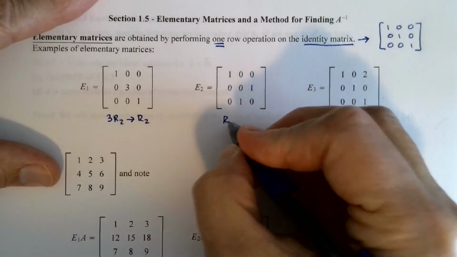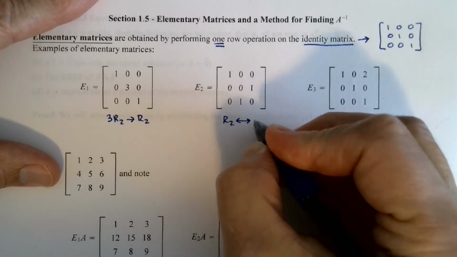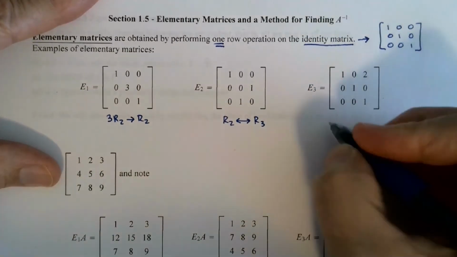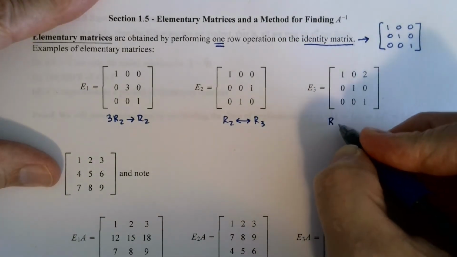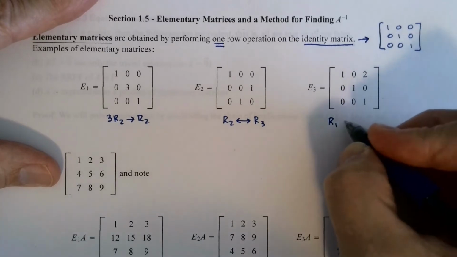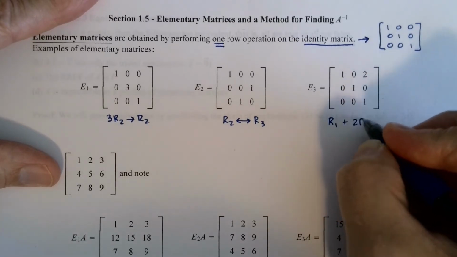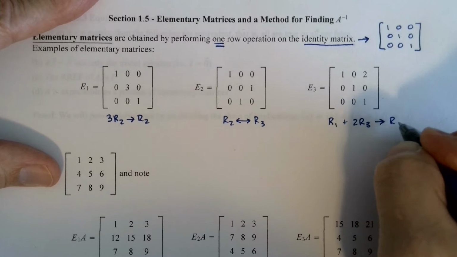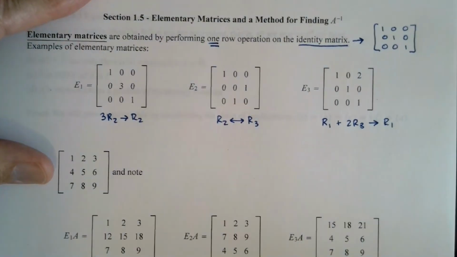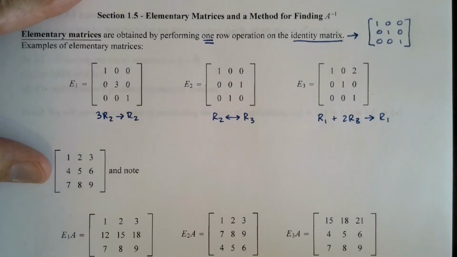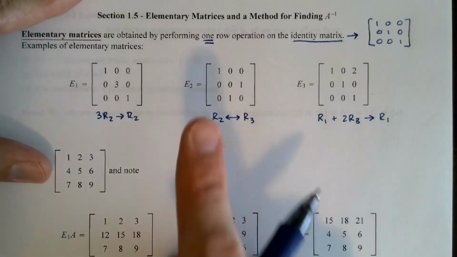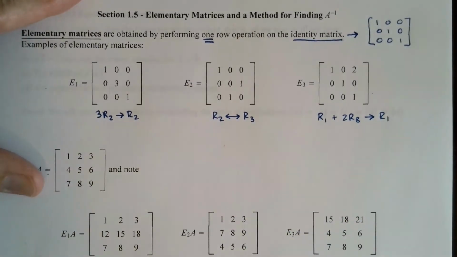This was swapping rows 2 and 3. And this was taking row 1 and adding 2 times row 3 to it. Okay, so those are all illustrations of how we can get an elementary matrix. So it's only one row operation, not more than one.